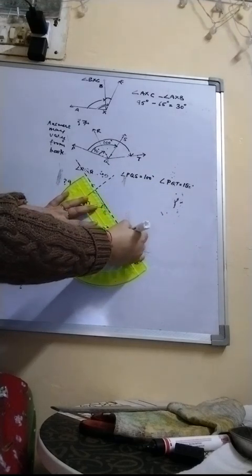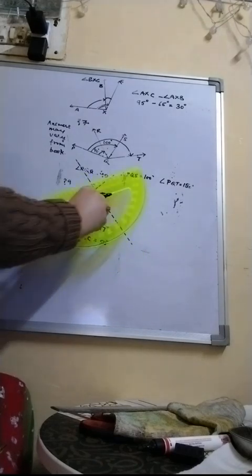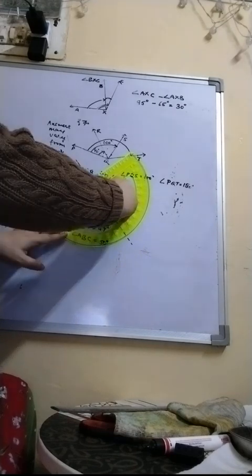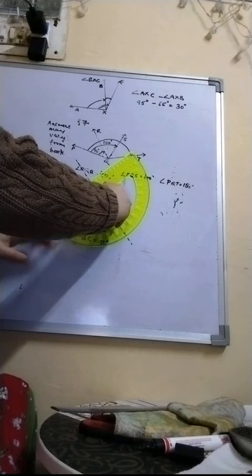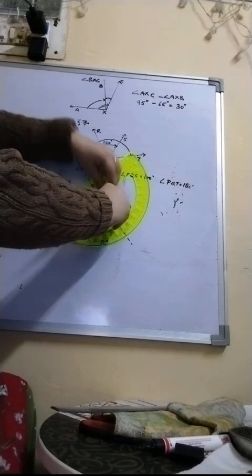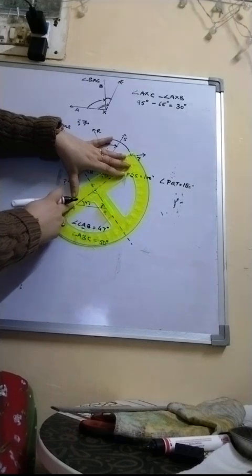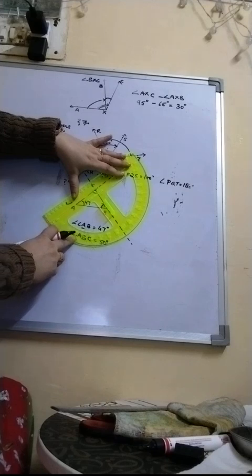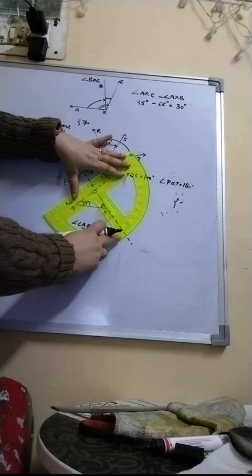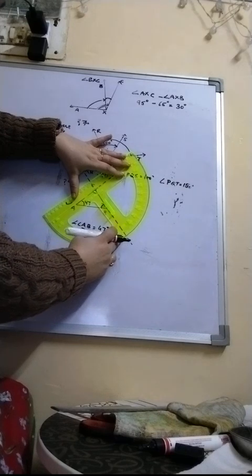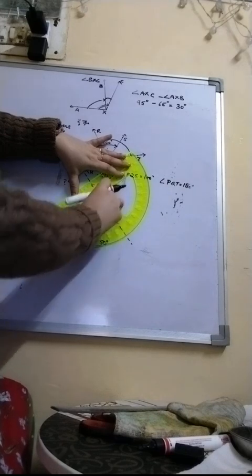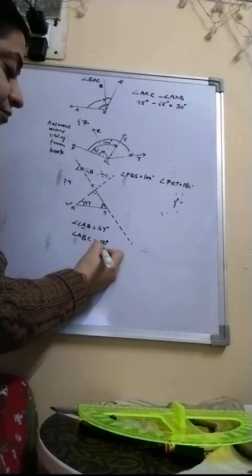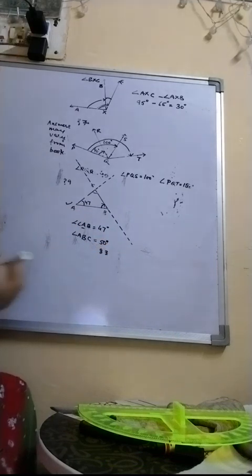You don't need to extend, your protractor is small, mine is a large one, so I need to do it exactly. I have aligned it with AC. So starting from 0, I get 10, 20, 30, 40, 50, 60, 70, 80, and then 1, 2, 3, 4, 5, 6, 7. So around 83 degrees.